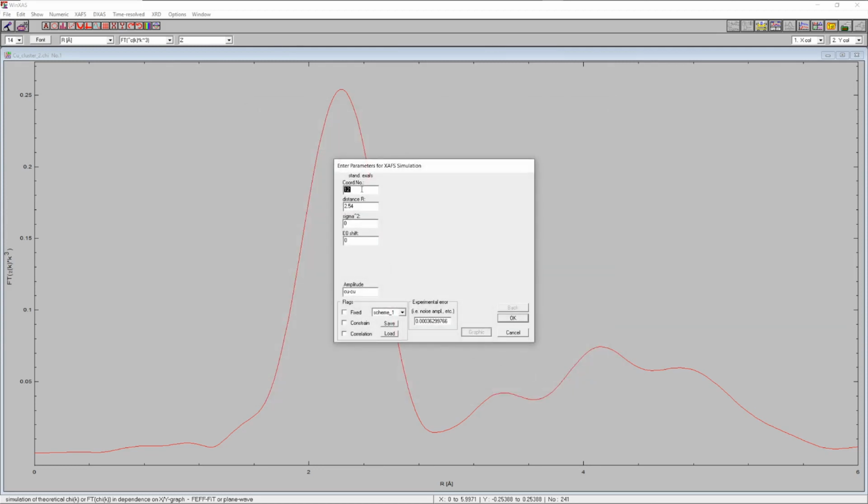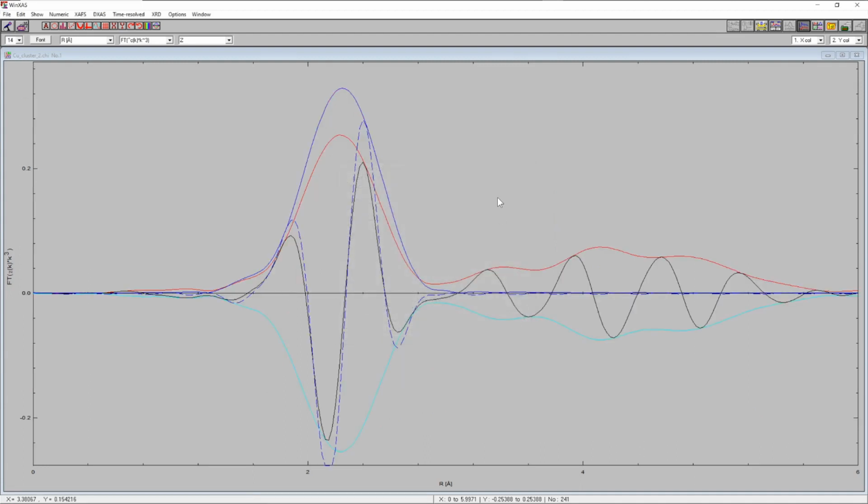Click on OK, we use those values, and now this is the simulated and the experimental radial distribution function. We do see some difference here now because those copper clusters apparently have a lower amplitude, so probably a smaller coordination number. They're smaller clusters than the crystallites in the copper metal foil.